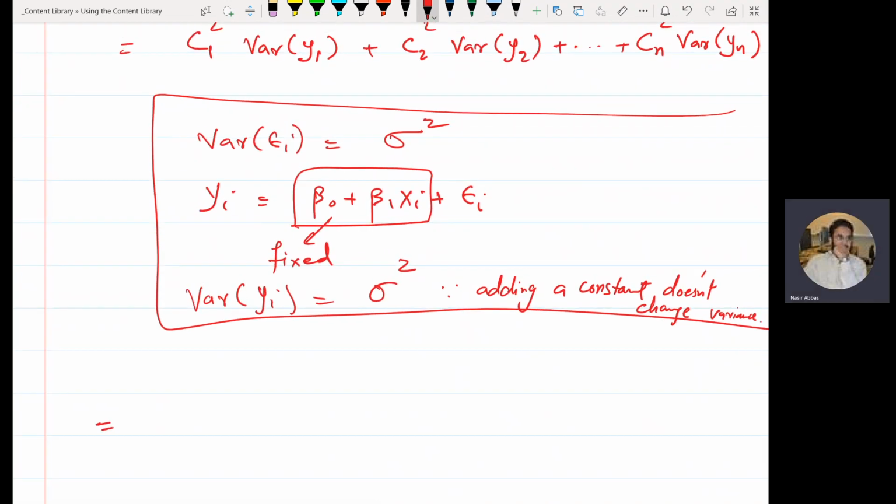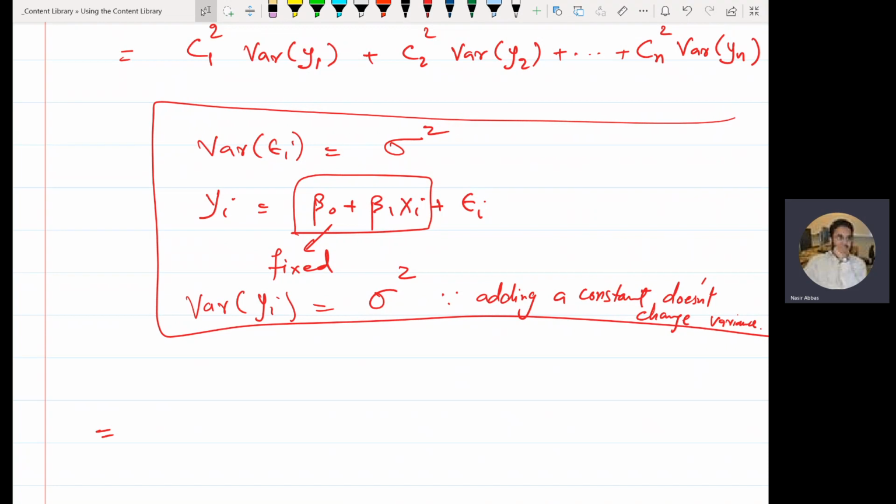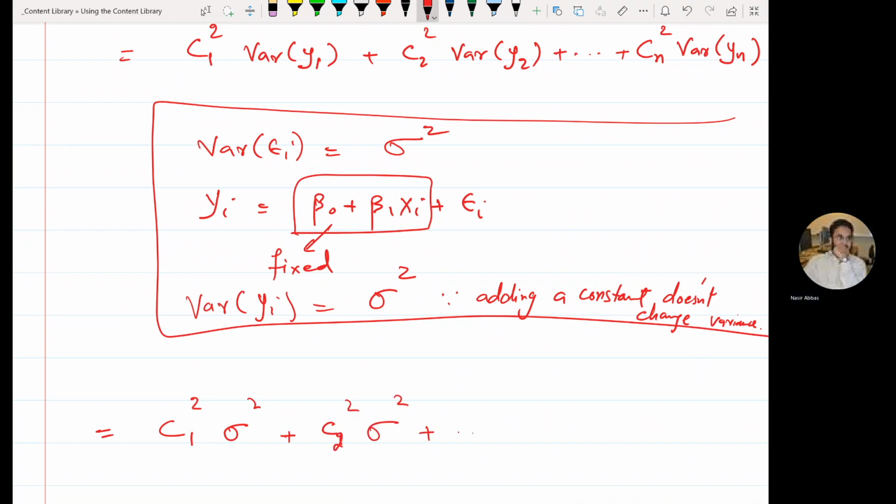So all these variances, variance of y1 is sigma square, variance of y2 is sigma square, because we are assuming constant variance for all y's, they all will be sigma square.